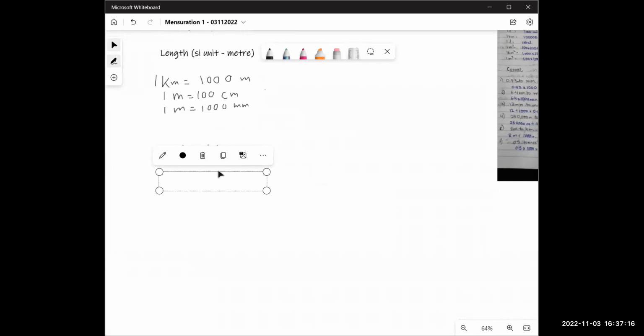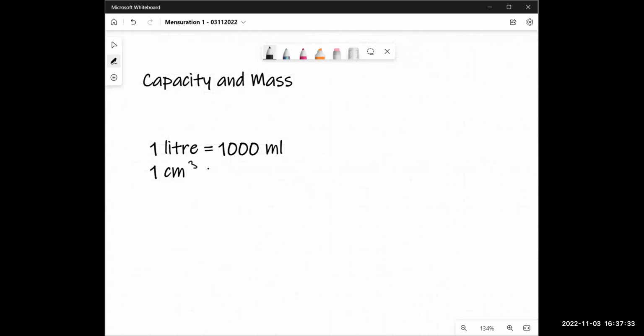You have 1 liter is equal to 1,000 ml. Write this as well, that 1 cm cube is equal to 1 ml.